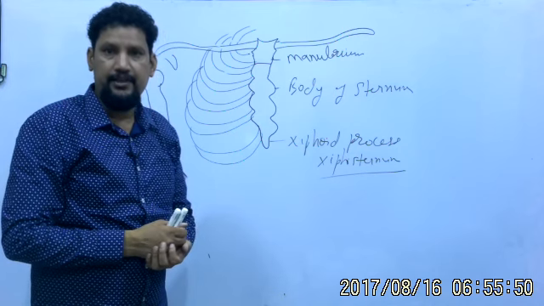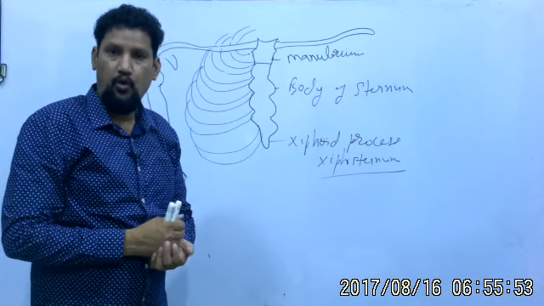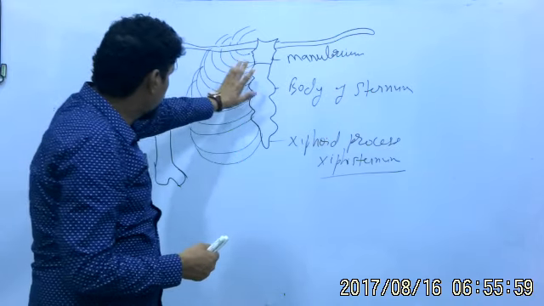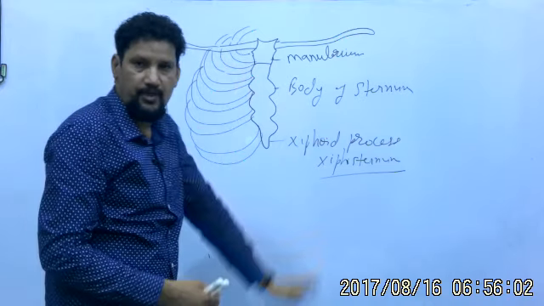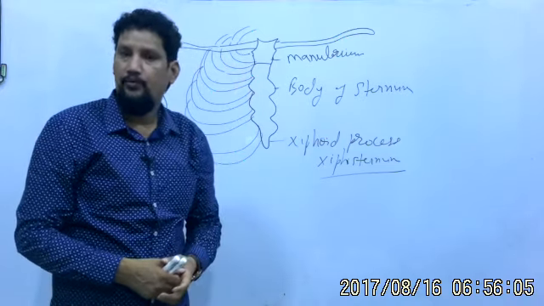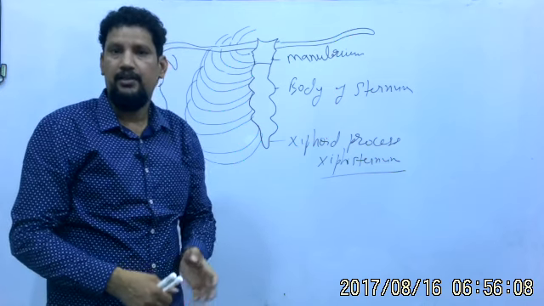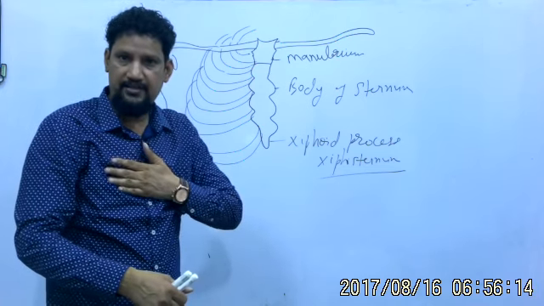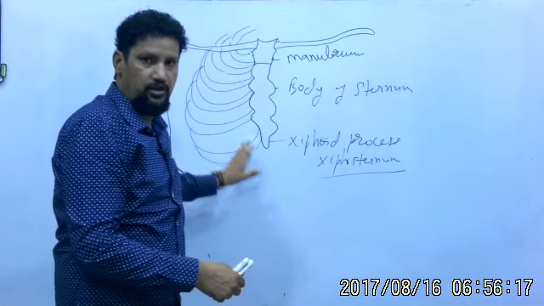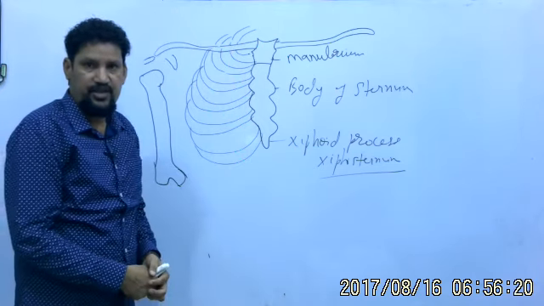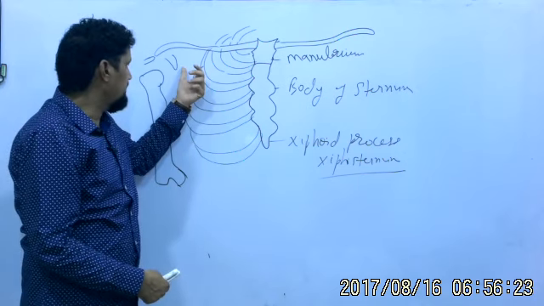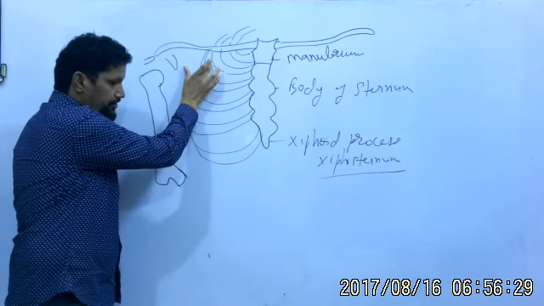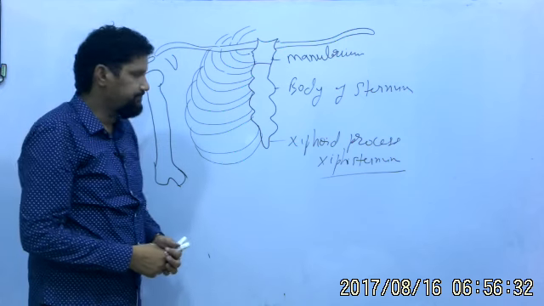Thoracic cavity is having the heart, the lungs and other visceral organs, but the anterior surface of this thoracic cage is having structures which are essentially connecting this upper limb to the trunk or the thoracic cavity.